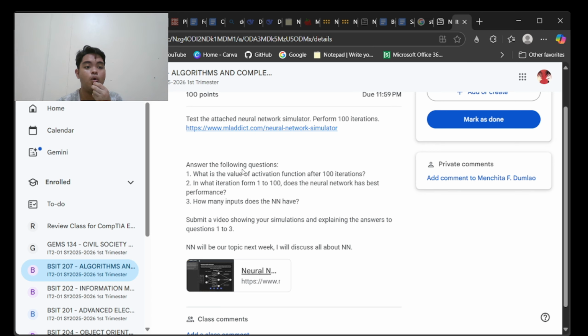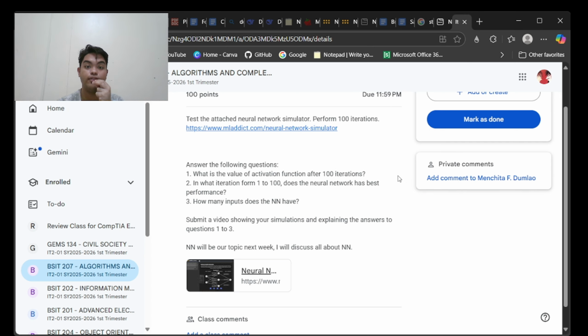The first is, what is the value of the activation function after 100 iterations? Number two, in what iteration from 1 to 100 does the neural network have the best performance? And number three, how many inputs does the neural network have?